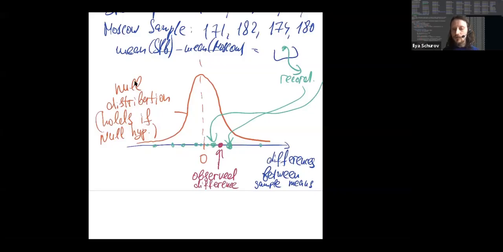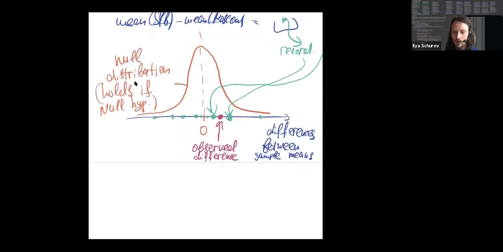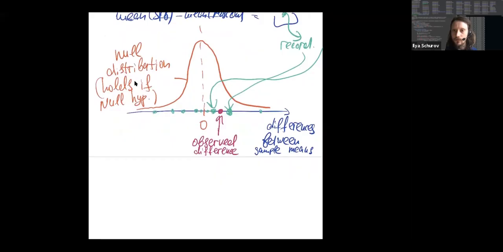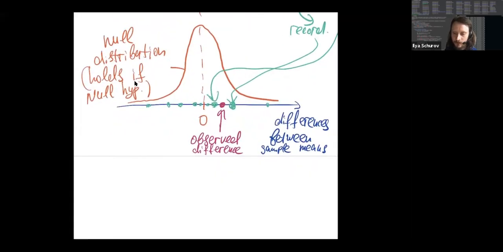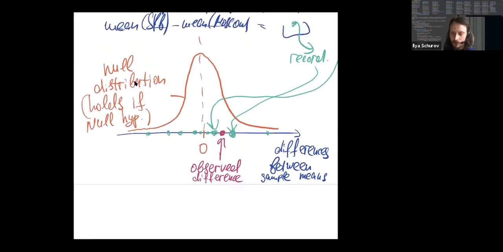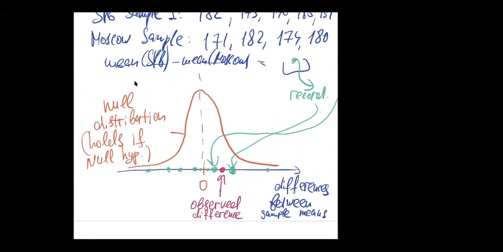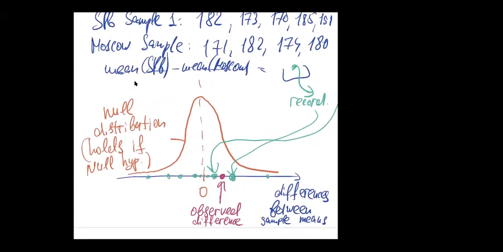And what should we do now? How will our decision rule work? We should check if it's in the zone under the curve, which is more than 2 sigmas.